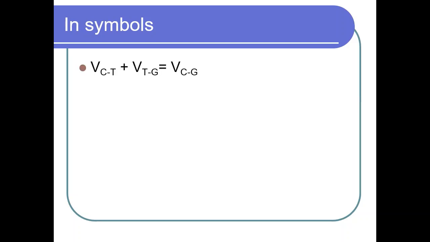So therefore, in symbols, the velocity of the child relative to the train plus the velocity of the train relative to the ground should give us the velocity of the child relative to the ground. So that would be a negative 2 miles per hour plus 3 miles an hour gives us the 1 mile per hour relative velocity of the child relative to the ground.